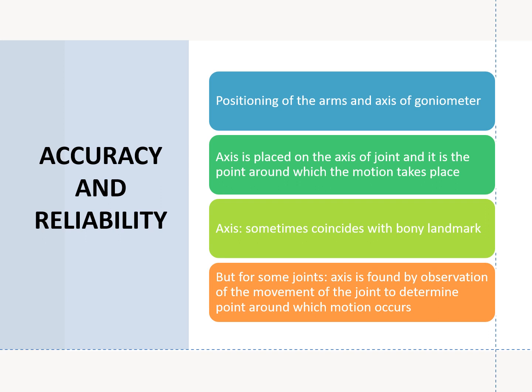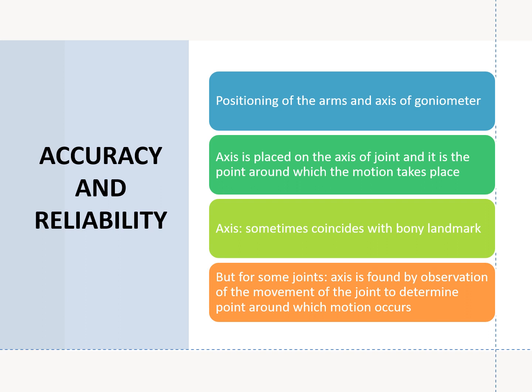Whether your reading is right or incorrect depends on various factors. Factors like positioning of the arms and axis of goniometer. There is a standard way of positioning arms and axis of goniometer, and if you deviate from that standard method, your readings will be altered. So your recording or your reading won't be accurate or reliable anymore.